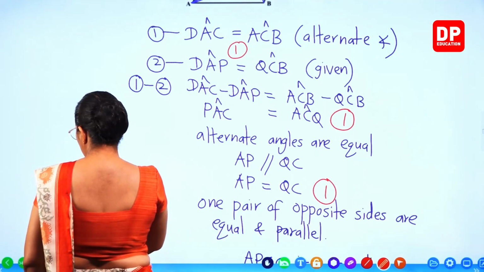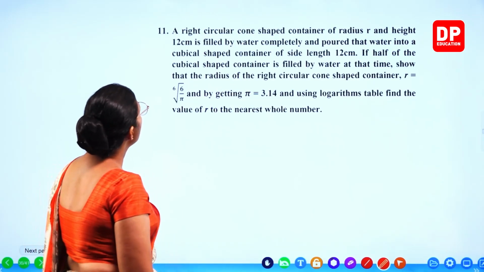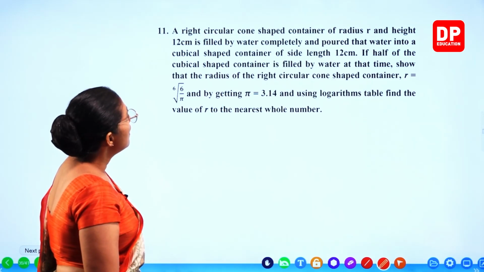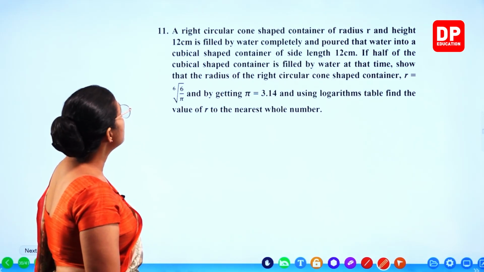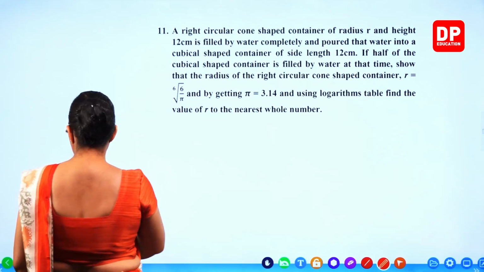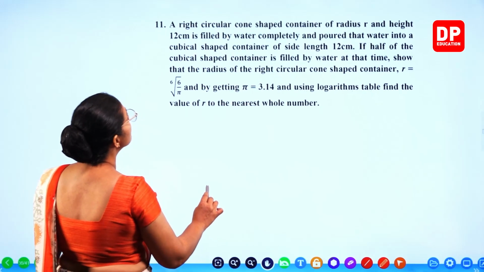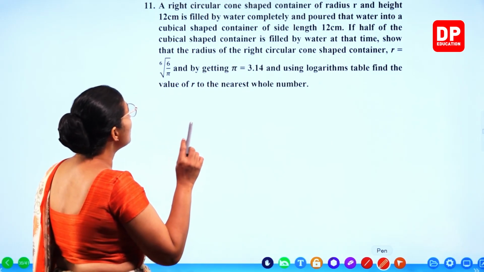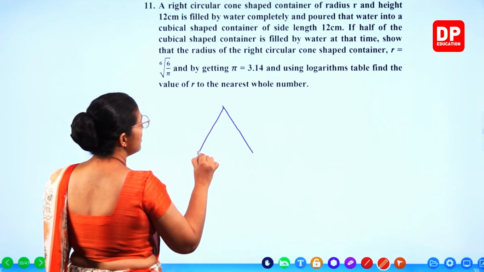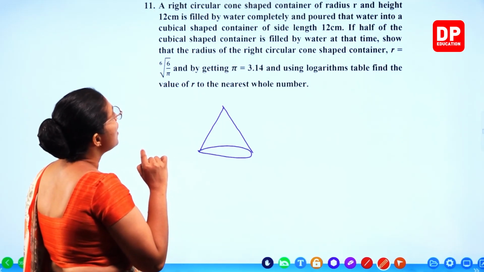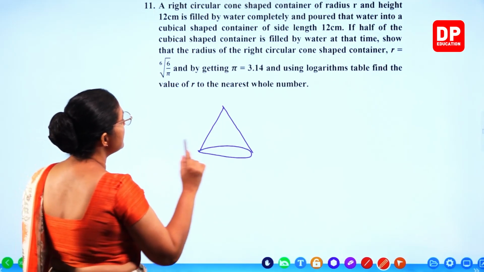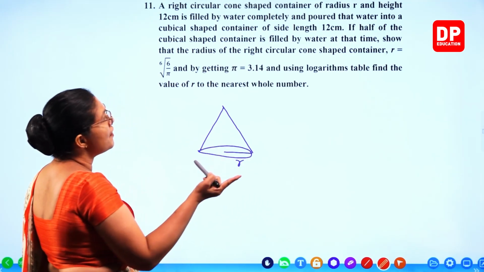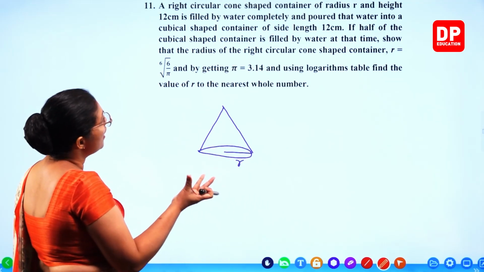Let's do the next one. Question number 11. It's about volume and you have to use the logarithmic tables to find out the answer. So let's do that. A right circular cone shaped container of radius r. This should be the other way around. If it's a container, this should be the other way around.